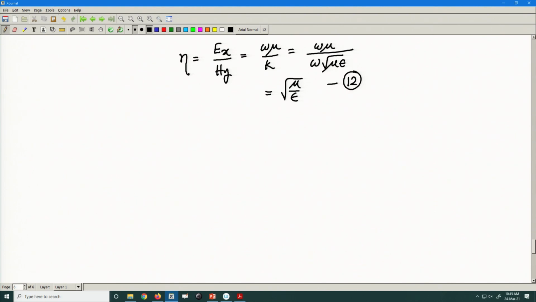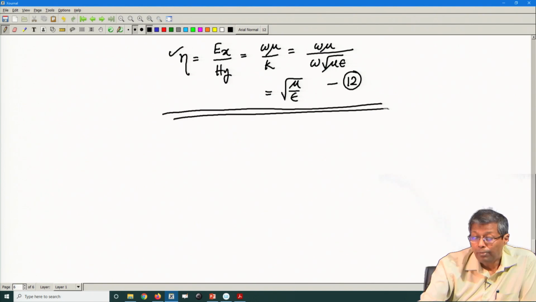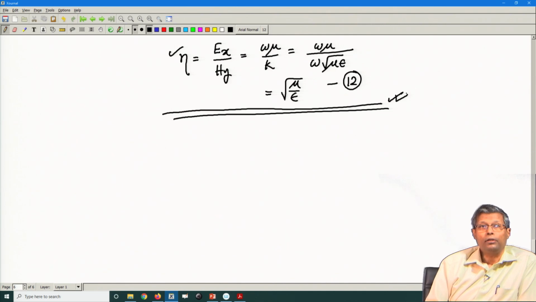It's 12. So, what is the significance of this wave impedance? The significance particularly is that once E x is calculated, we can find out H y, or if H y is calculated, we know E x. Now, you will see that in free space the wave impedance is uniquely defined.